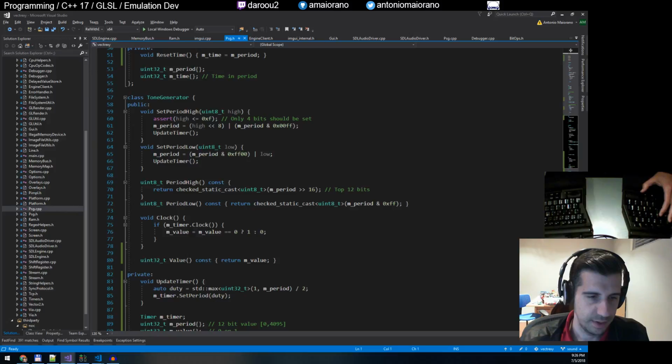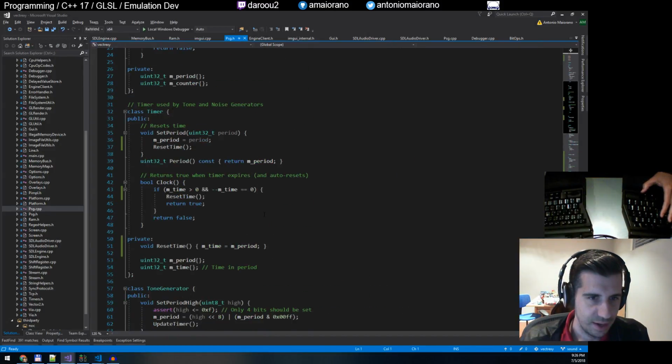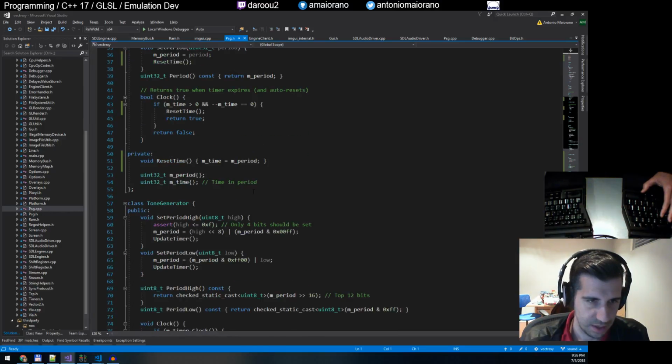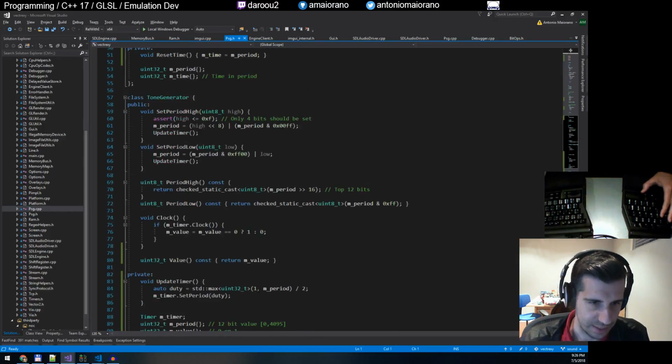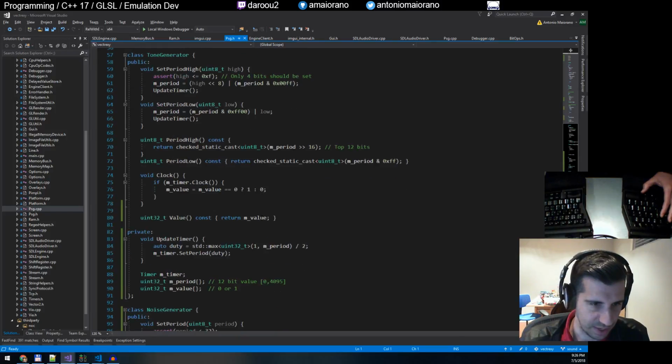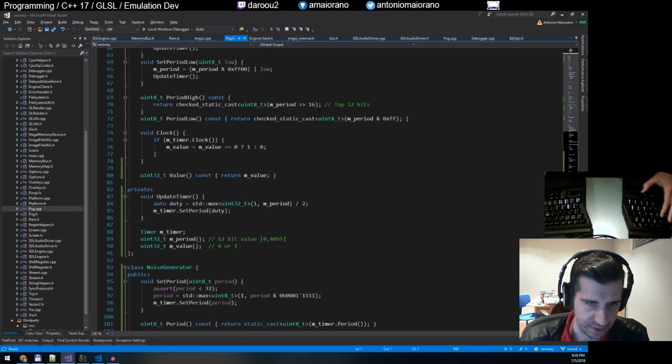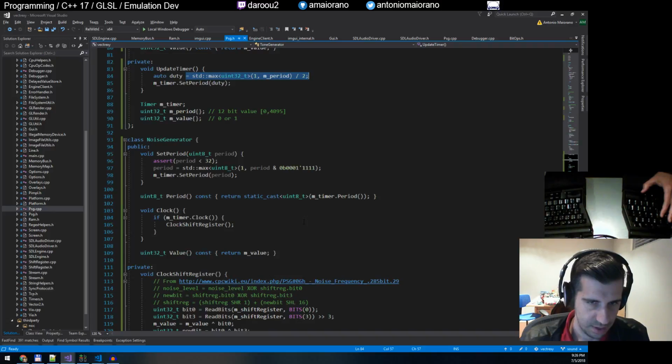Yeah, exactly. Perfect. And I think this timer here is one that, let me see. Oh no, that's it. The min 1 thing is taken care of when we set the timer. Yeah, there it is. Perfect.